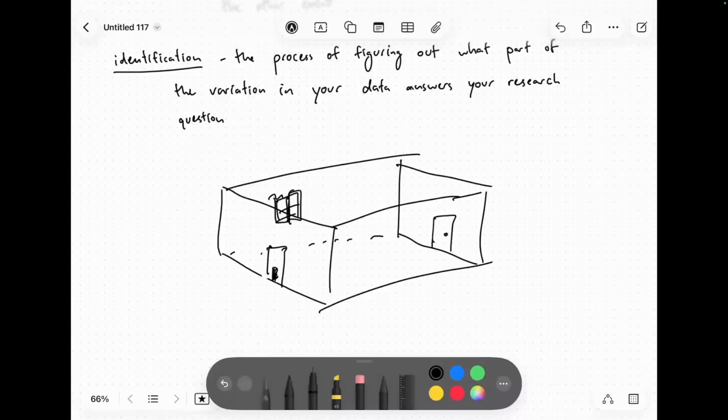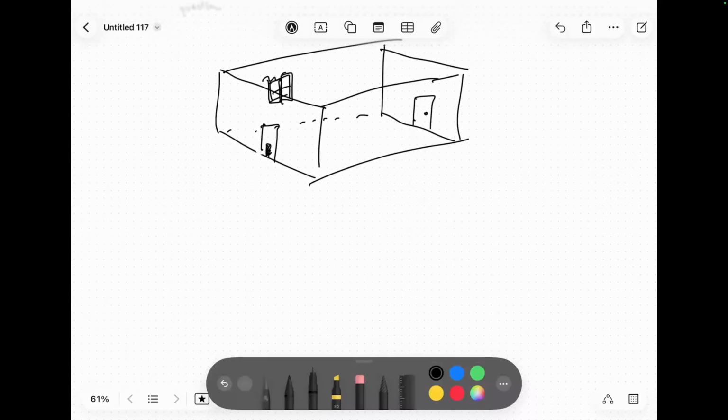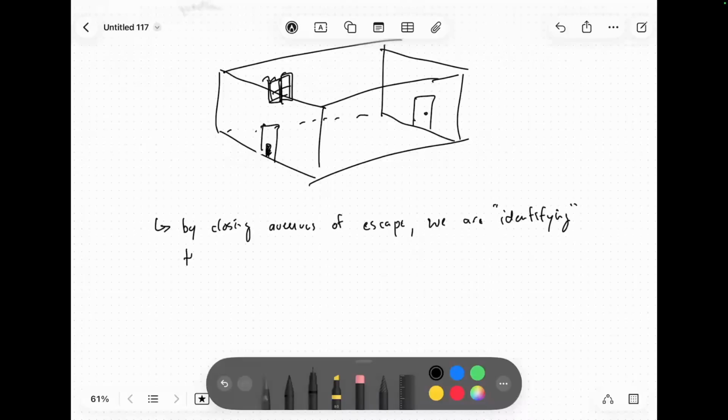And so by closing avenues of escape, we are identifying the answer by controlling every possible explanation.